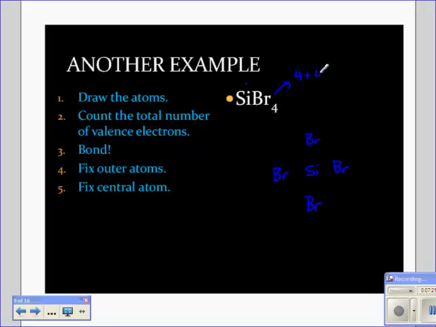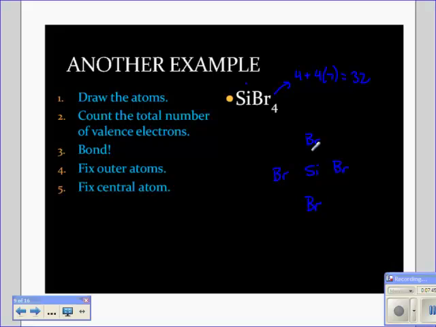I have 4 bromines. Each of those, and hopefully you're looking on your periodic table, they're in group 7. So I have 7 valence electrons. 4 times 7 gives me 28. 4 and 28 get me 32. So now I have 32 things to put in this picture.